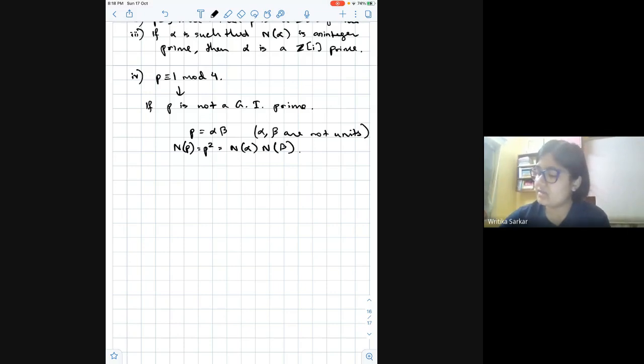And then it follows that this is equal to p and this is equal to p. If you write alpha as a plus bi, then this means that a squared plus b squared is equal to p, right? And this shows that p can be written as a sum of two squares.